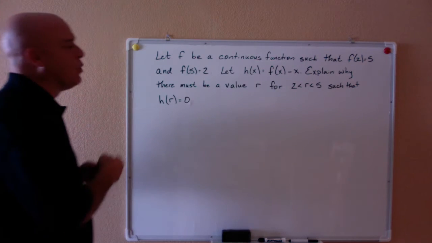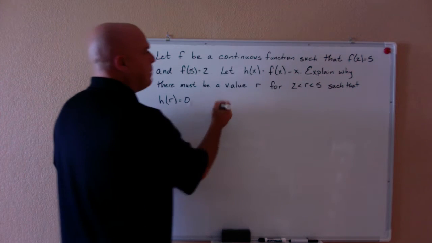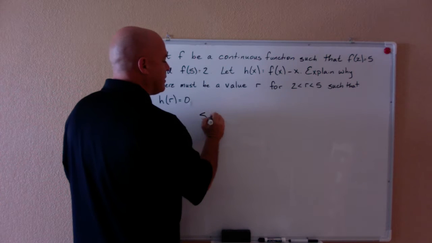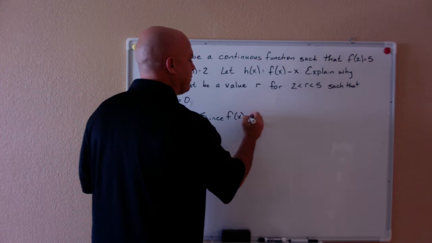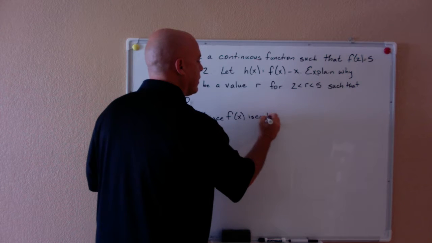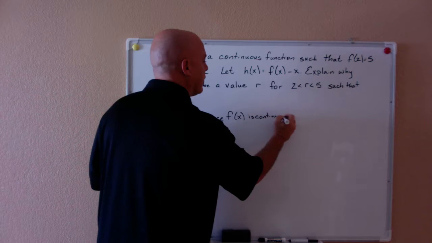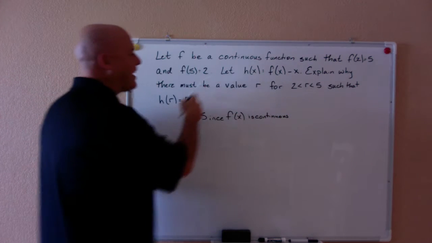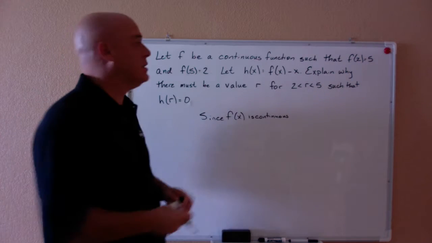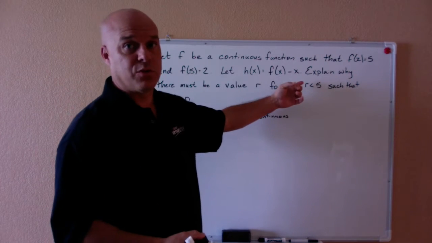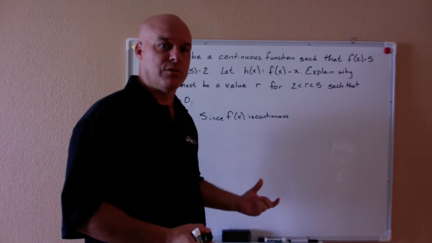So the first thing that I'm going to do is say, okay, since f of x is continuous, subtracting another value, subtracting x, is going to be continuous. Since x is continuous as well, I've got the difference of two continuous functions.